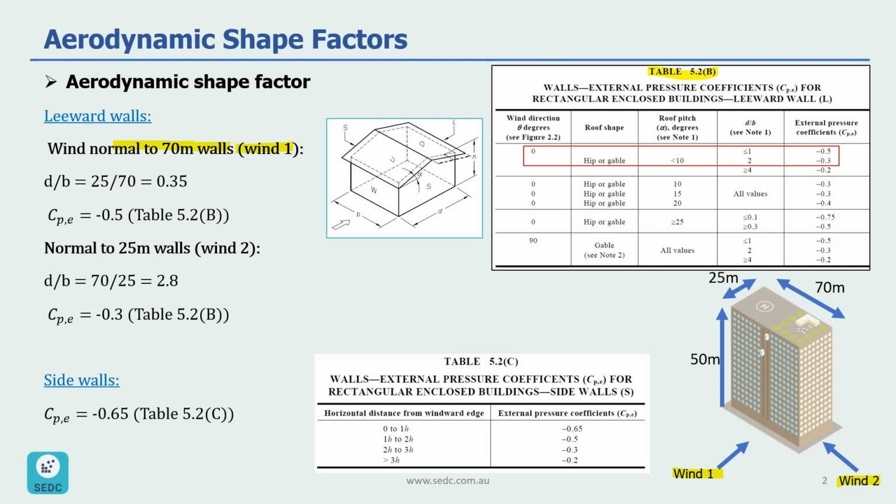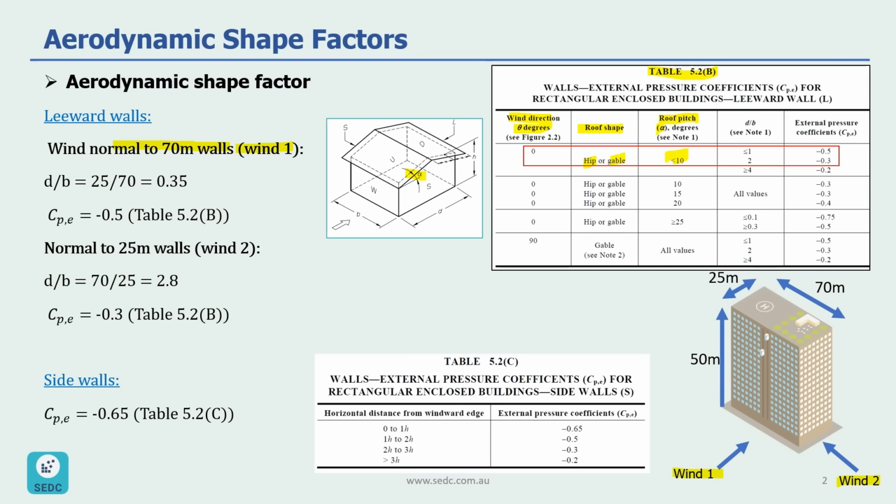For the wind direction of 0 and the roof shape of hip or gable, as you can see, we only have two options, hip or gable. And for the roof pitch, or alpha, of 0, our case is 0, so it's less than 10. This alpha is shown in this picture.